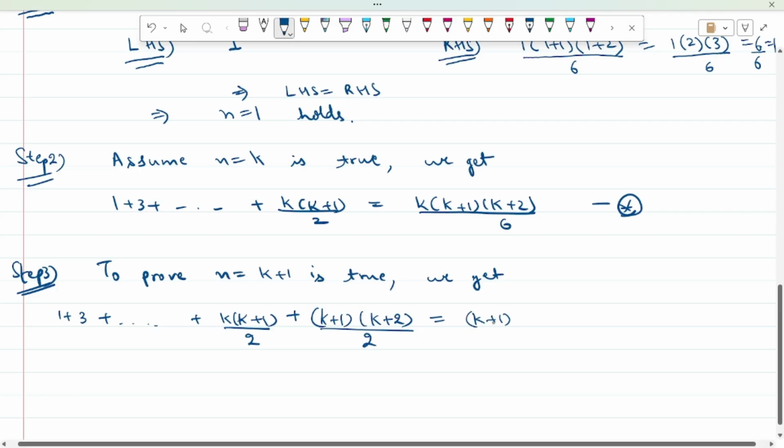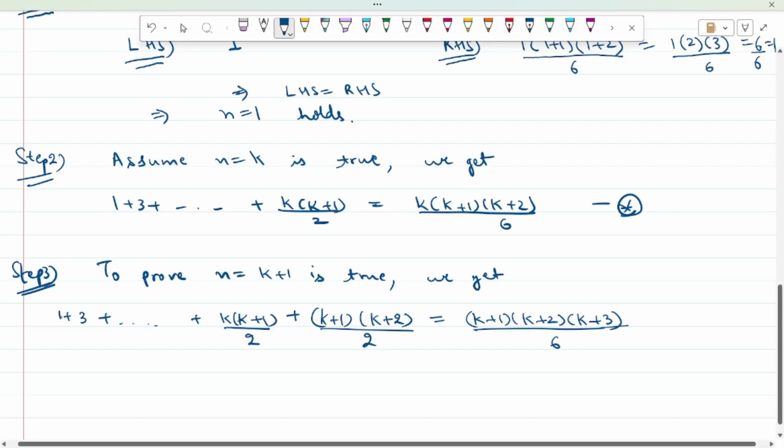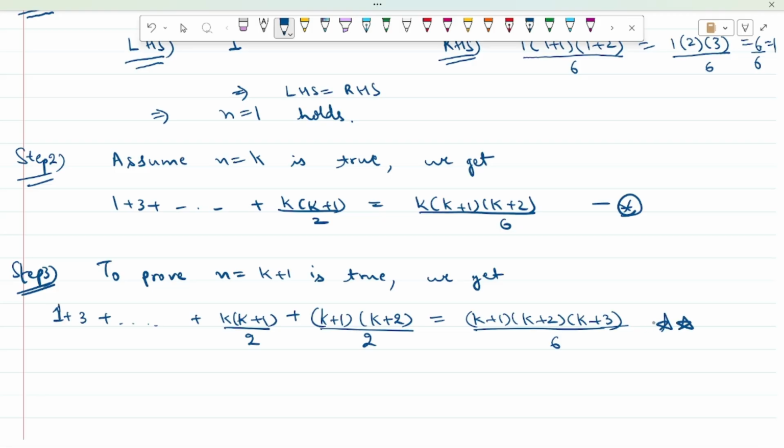On the right, that's k plus 1, k plus 2, k plus 3 over 6. This is what we want to prove, the double star, that's our goal. You need to declare this. I have seen most of the students skipping this part and losing their points. You need to write this, and then let's start with the left hand side.